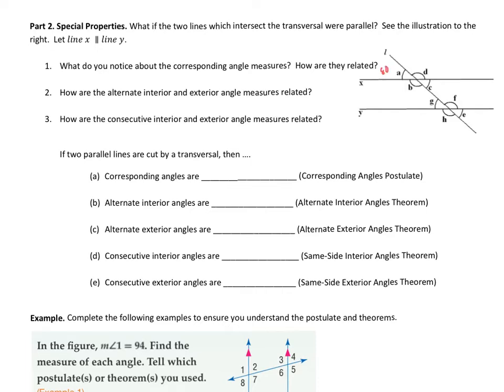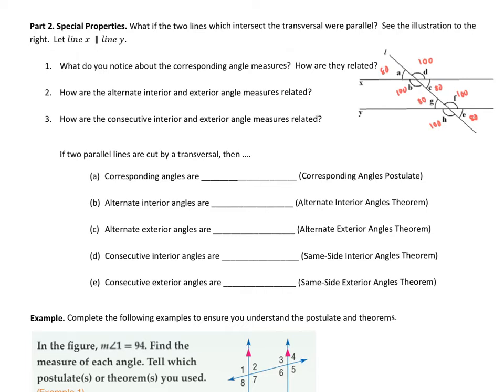Well, that means that C over here is 80. And that means that D is 100 and B is also 100. And then that also means, due to our congruency symbols, that G is 80 and E is 80, F is 100 because E and F are linear pairs, supplementary. And then over there, 100.